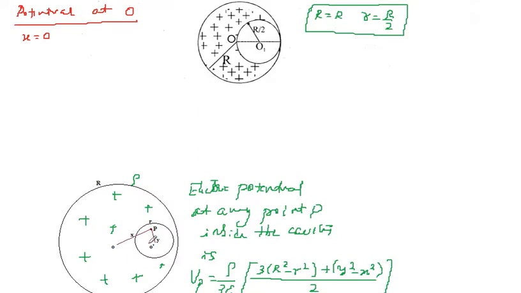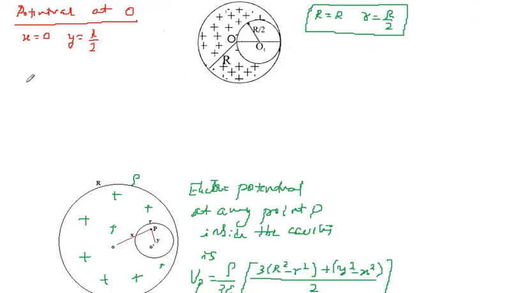That becomes the radius of the cavity. In the given situation, O dash and O are here, and this itself is y. So that y will be equal to R by 2, which is the radius of the cavity.